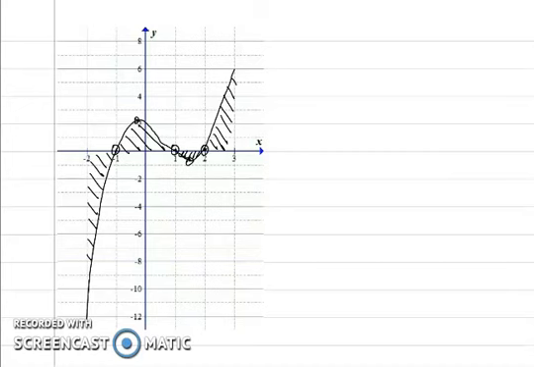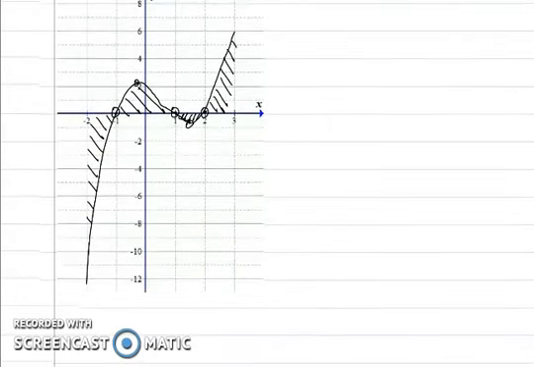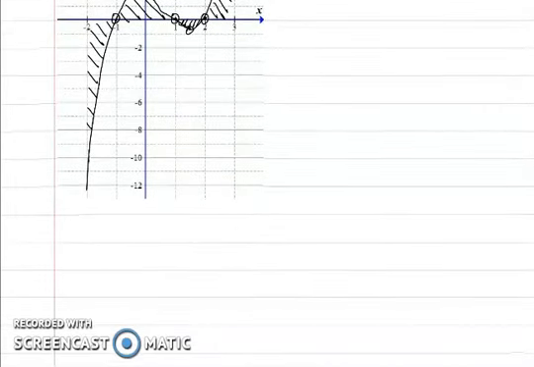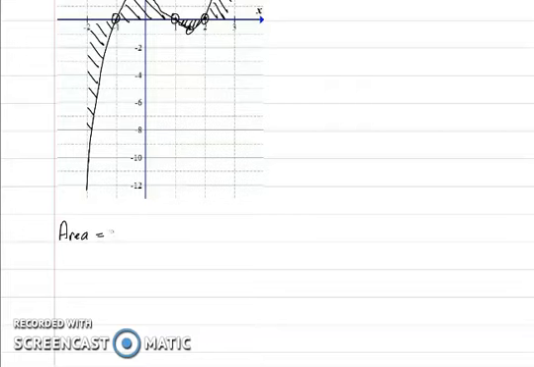All right, so based on the diagram, we can say that the area would be equal to the mod of the integral from -2 to -1 of y dx, which will give me the area between the curve and the x-axis between x equal to -2 and -1.